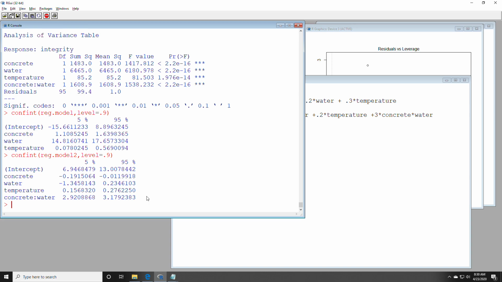Nice interpretation. We no longer have a nice interpretation of when the concrete increases by 1, the integrity, of course, this is negative, which looks strange, but that's because there's an interaction. The integrity decreases by negative 0.2 to negative 0.01.